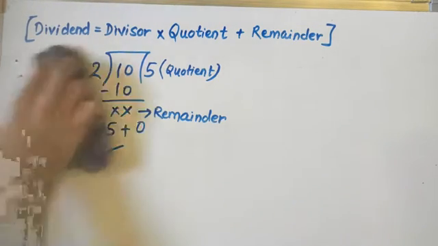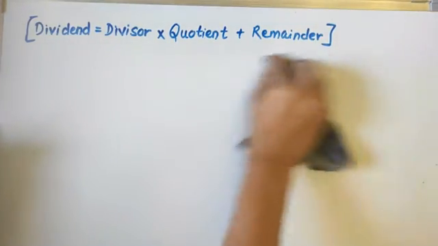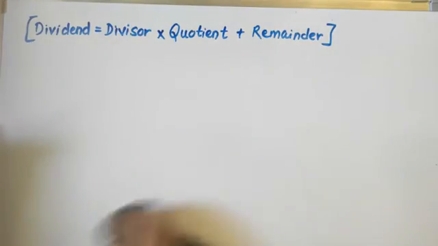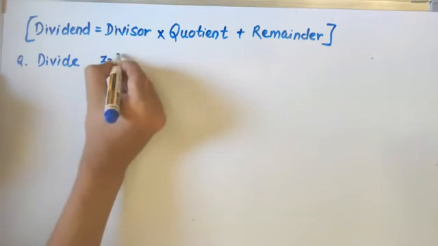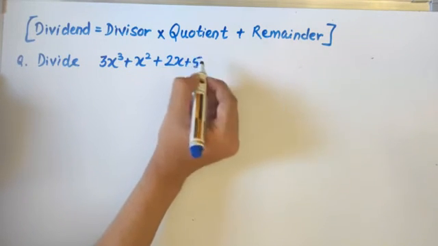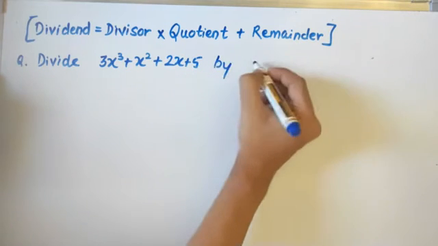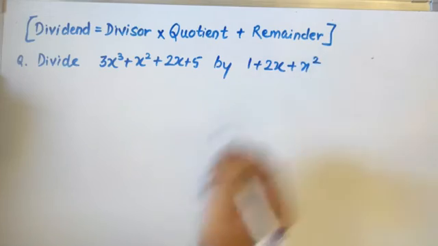Let us see some polynomial examples. Question is: divide 3x cube plus x square plus 2x plus 5 by 1 plus 2x plus x square.